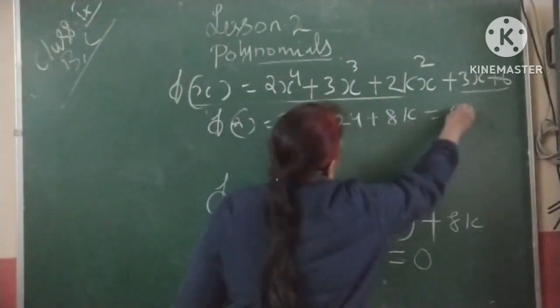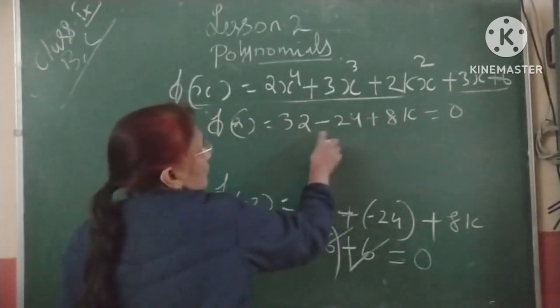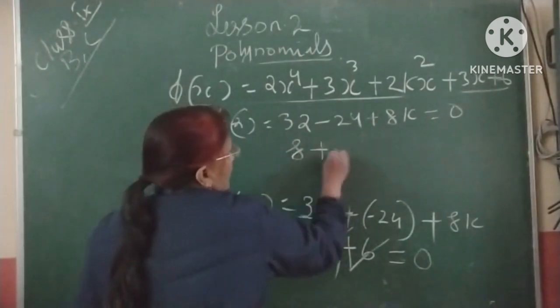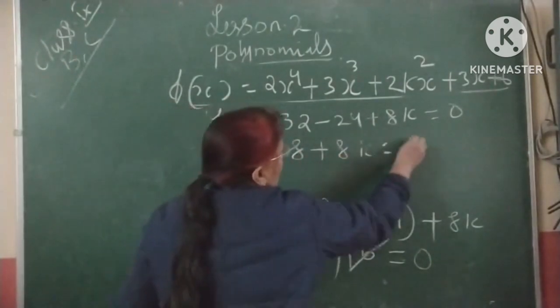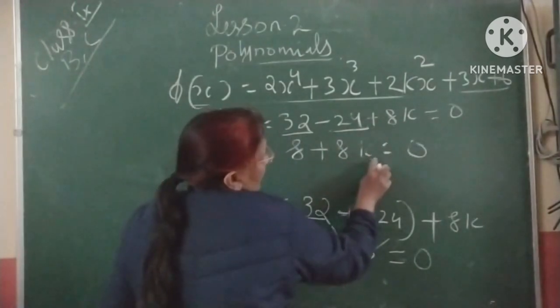Equal to 0. Then 32 minus 24 equal to 8, so 8 plus 8k equal to 0.